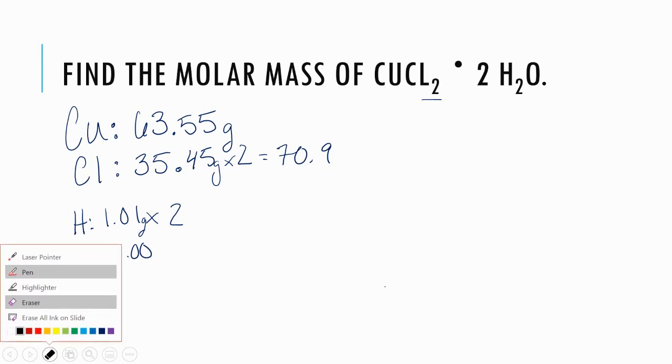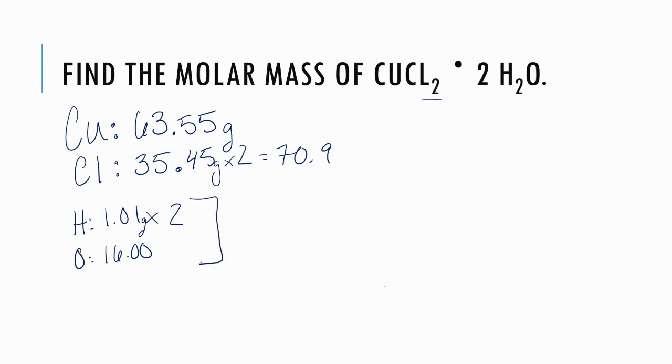Okay, but then I do need to think about the fact that I have two of these water molecules. So however you want to do that math, if you want to multiply for each atom, or if you want to multiply for the whole molecule, you just need to take that whole thing into account twice.